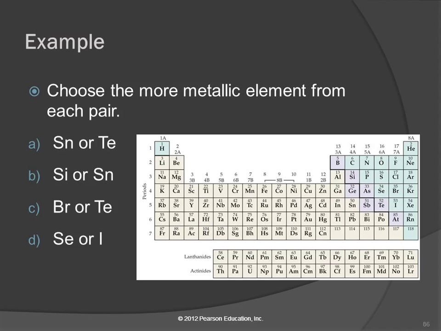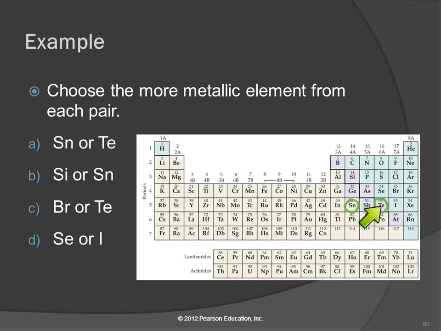So, example, choose the more metallic element from each pair. Tin, Sn, or Te. So we look at these. Here's Sn and Te. Well, we don't even really need to think about a trend there, do we? Because tellurium, Te, is in the semi-metals, the metalloids.